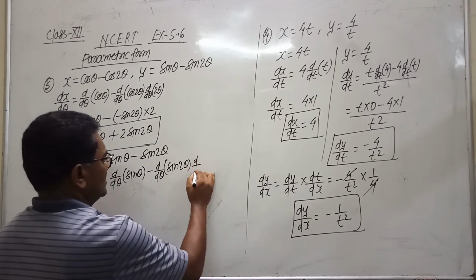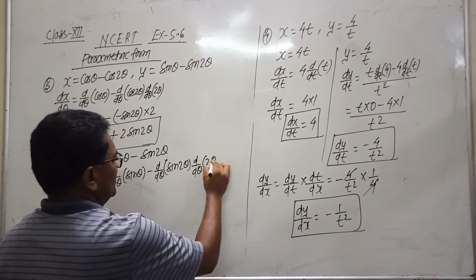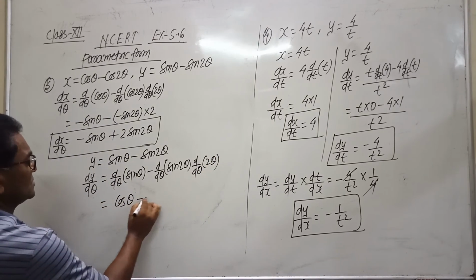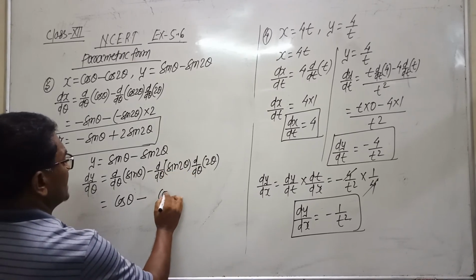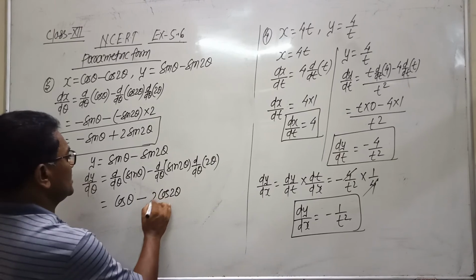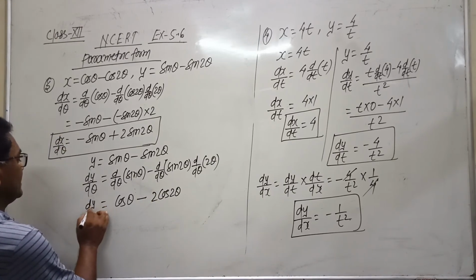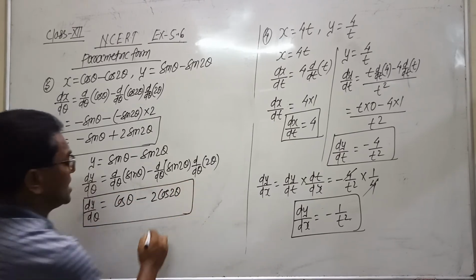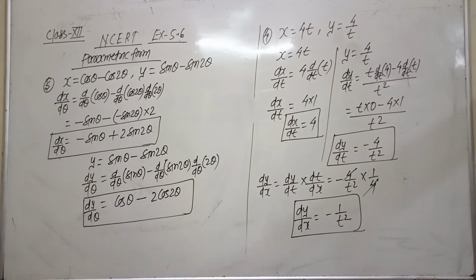The differentiation of sin theta is cos theta, differentiation of sin 2 theta is cos 2 theta, and differentiation of 2 theta is 2. So we get dy by d theta equals cos theta minus 2 cos 2 theta.